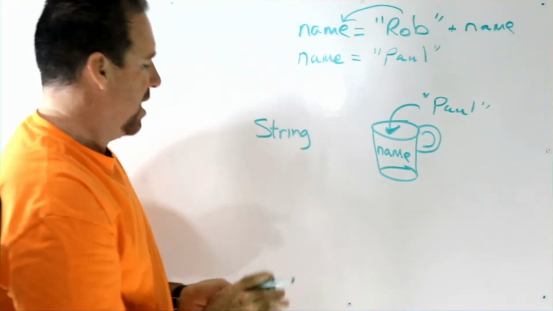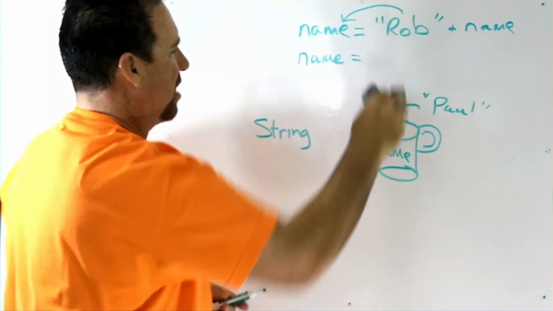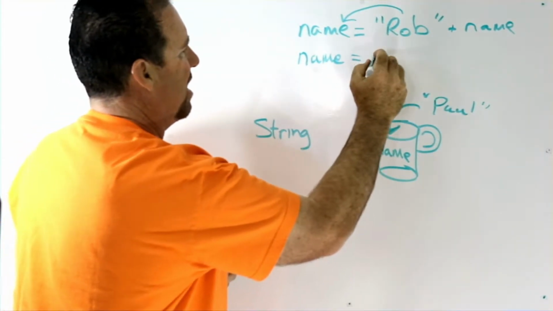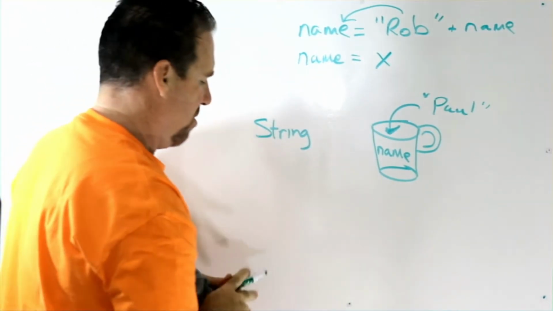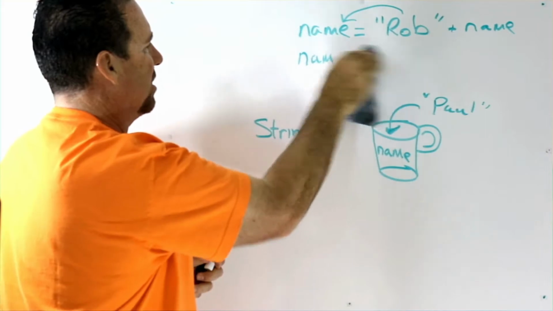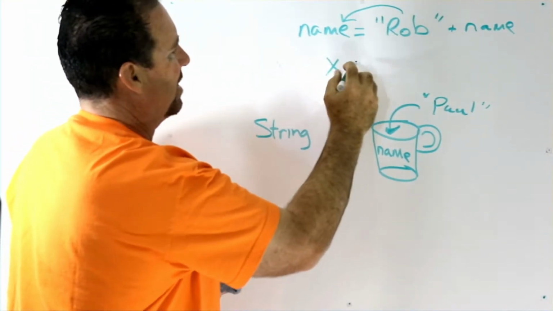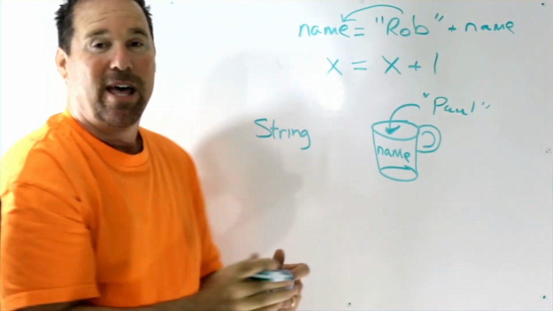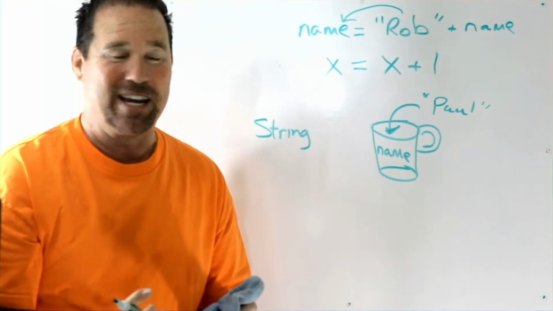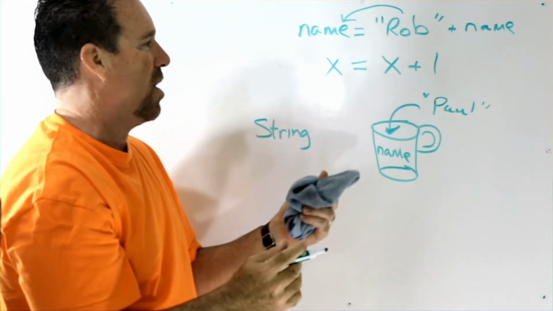Robbed twice. Now, what your math teacher doesn't tell you, this drives them nuts. If I go x equals x plus 1, that drives him or her insane, because x is equal to x, not x plus 1.